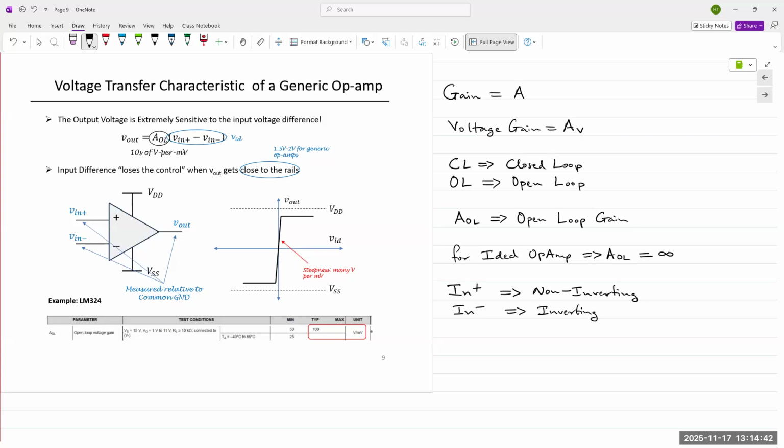And they're, of course, noted by the plus and minus signs inside the triangle.